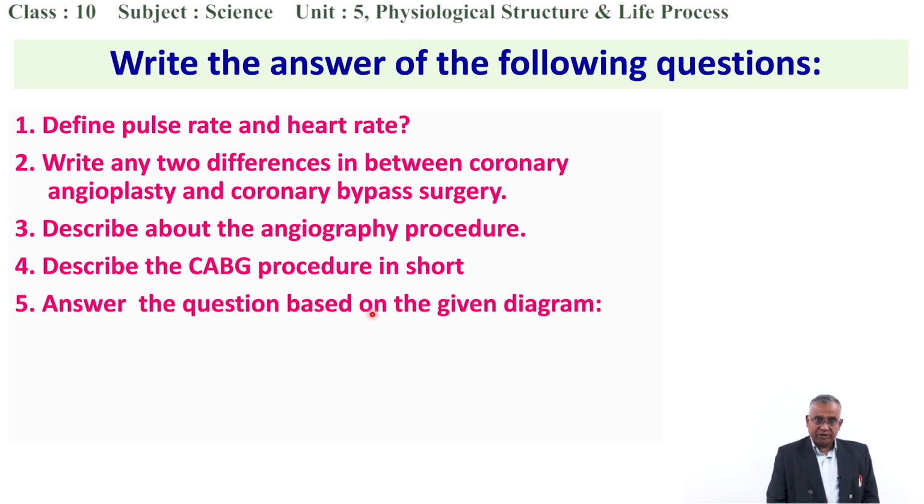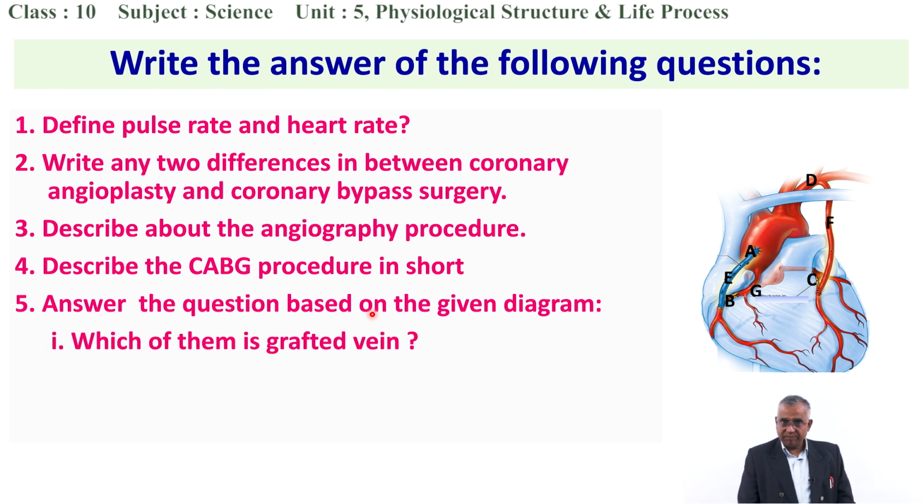And now next question is related with this diagram. Here in this diagram, number of labelings are here: A, B, C, D, E, and F. Which of them is grafted vein? That question is easy. Here grafted vein is shown by E. A is for that tube, E is for this tube, and B is for the location where something happened.